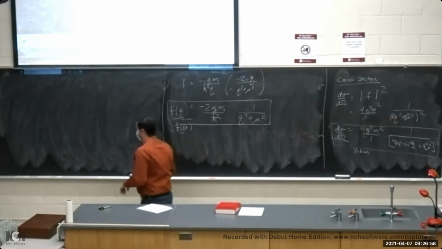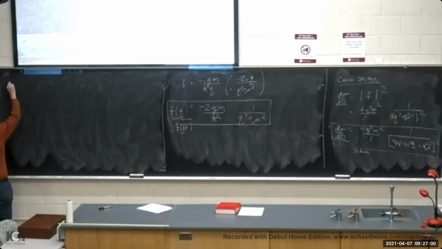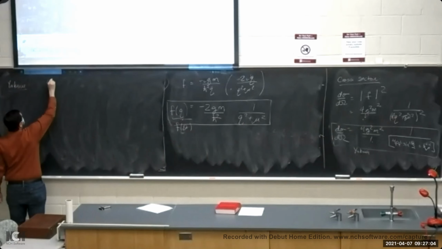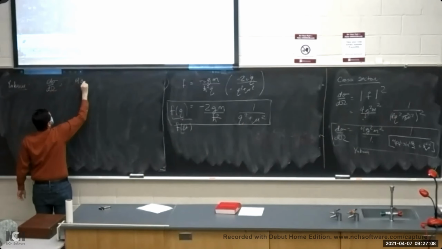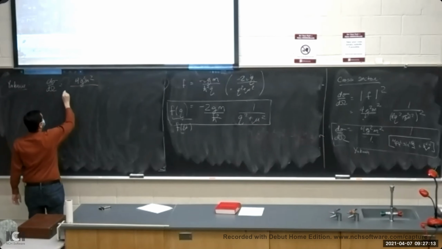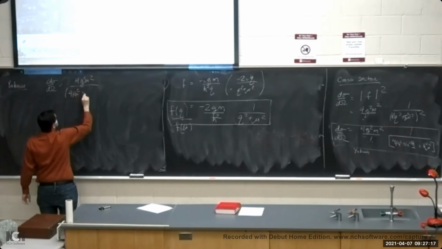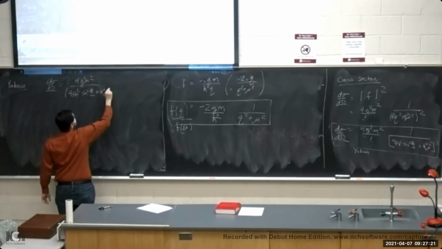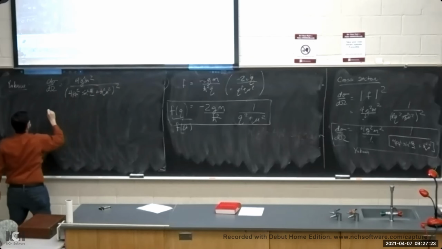So for the case of the Coulomb potential, let me put them side by side so we can compare. For Yukawa, we got d sigma d omega is 4 G squared M squared over (4 momentum squared sine squared theta over 2 plus h bar squared mu squared) squared.